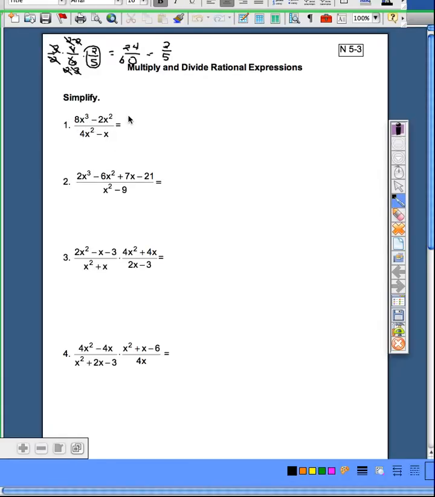First, we factor out our greatest common factor. So we have 2x squared, and that's going to leave us with x minus 1. And in the denominator, we factor out an x, and that leaves us with 4x minus 1.